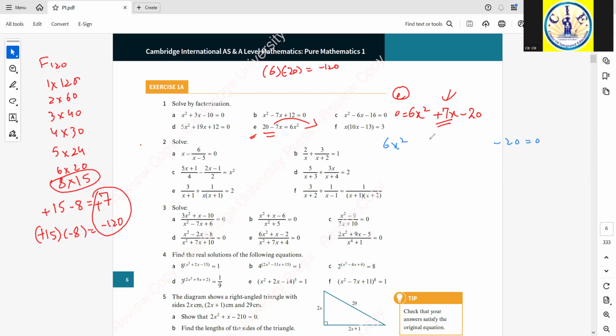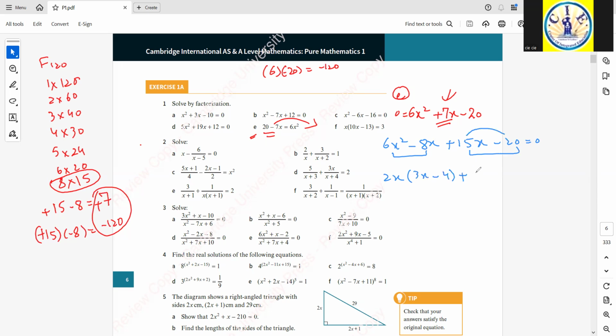like this. And now this is negative 8x plus 15x. Grouping them together, 2x can be taken common. And then I'm left with 3x minus 4.